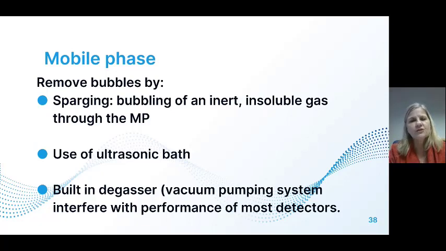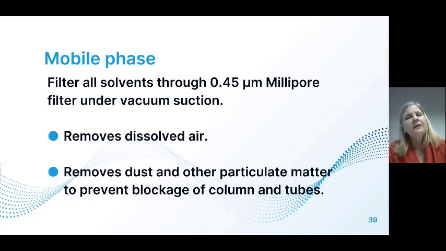Or many instruments have a built-in degasser in the vacuum pumping system that will degas your mobile phase. Then you also have to filter your mobile phase, and you filter it through a 0.45 micron filter under vacuum.